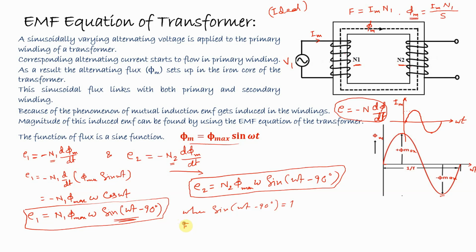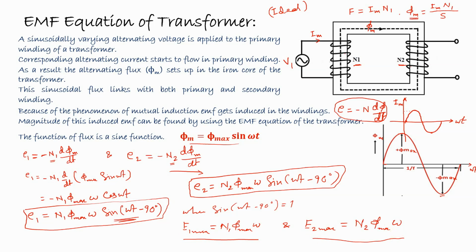So it can be written as E1 max, and it will be N1 phi max into omega. And similarly, E2 max, that is the maximum induced EMF in the secondary winding, can be written as N2 phi max into omega. So this is the maximum induced EMF in the primary as well as in the secondary side.